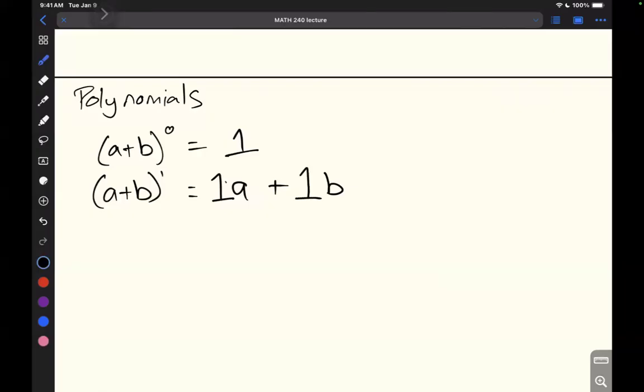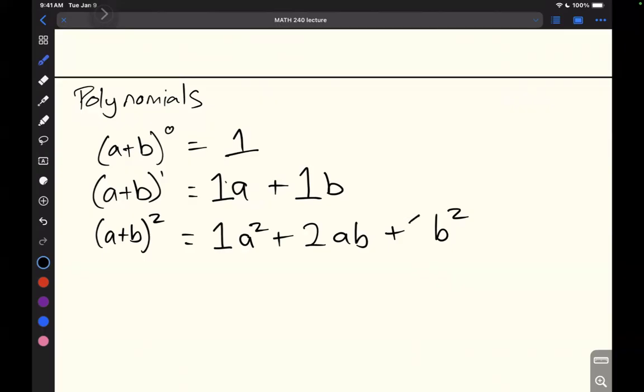Just for kicks, I'm going to put a 1 there. It's implied, but it's still there. A plus b squared is what? A squared plus 2ab plus b squared. So I'm going to write a 1 there and a 1 there.